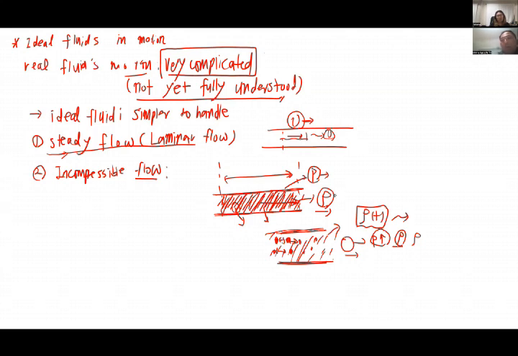That adds one more complexity to your theoretical model, because density itself is time dependent, and that makes the dynamics of the fluid really complex to analyze.